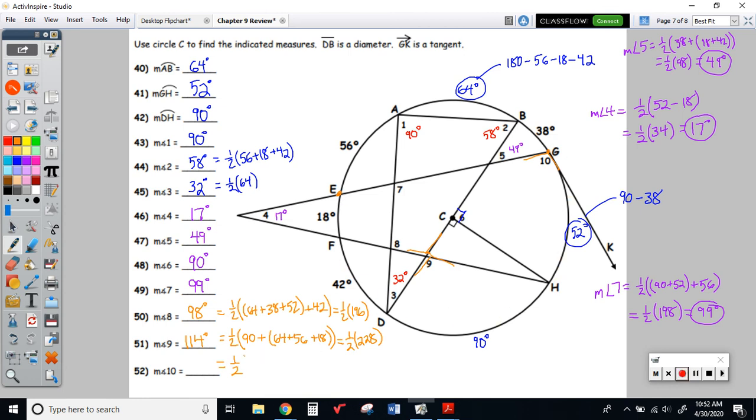I'm taking the sum of those and taking half of that. That's going to be 1/2 of 202. So 1/2 of 202 is 101 degrees.